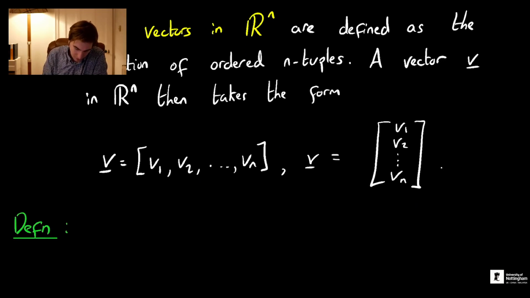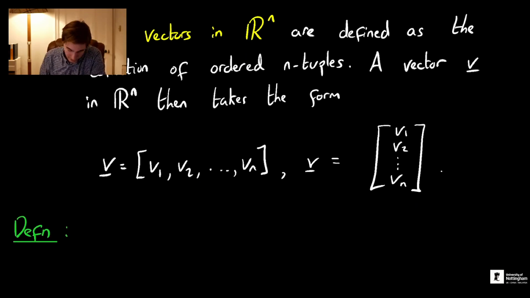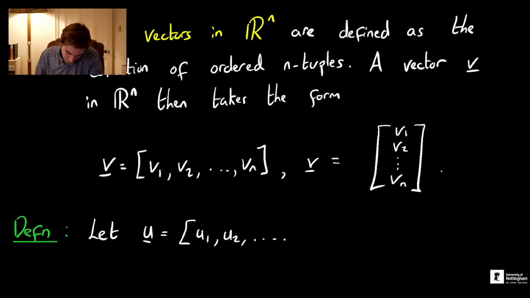So if we define two vectors in Rn, u is u1, comma u2 all the way up to un, and v is v1, comma v2 all the way up to vn.